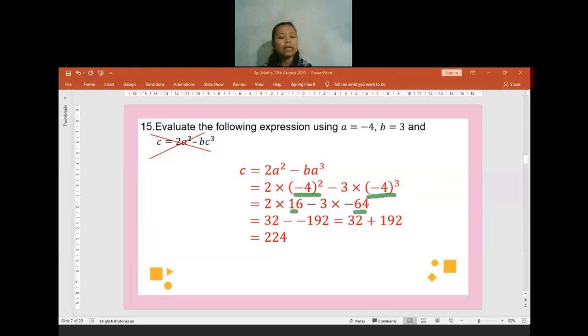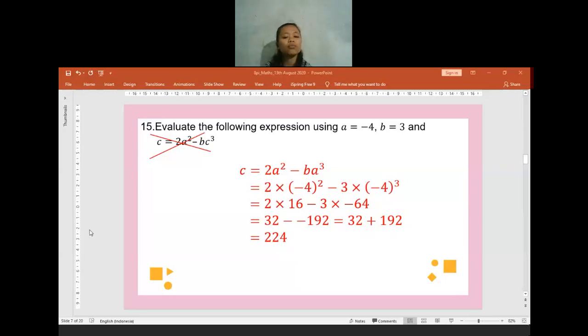After that, we have a multiplication, a subtraction, and another multiplication. As you remember, we have to finish all the multiplication first. So we do 2 times 16, which equals 32. And then after that, we do 3 times negative 64, which equals negative 192.